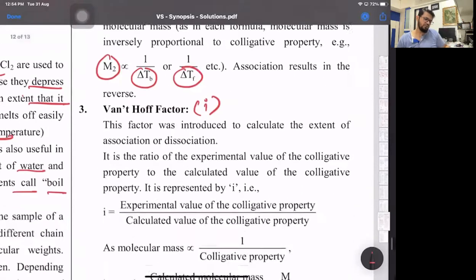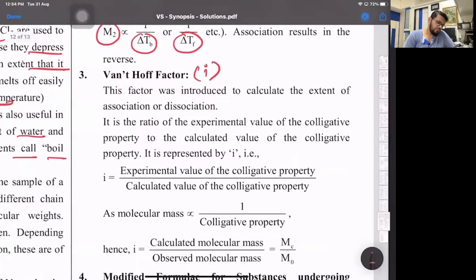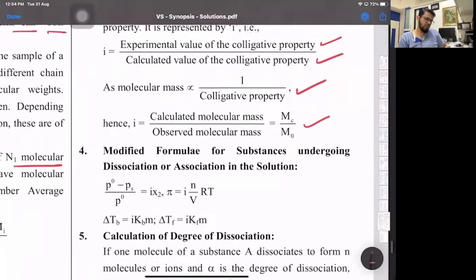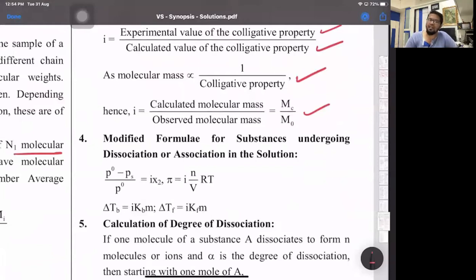So the factor i: experimental value upon calculated, inversely proportional to the colligative properties. So i is calculated upon observed. Look at the formulas now. Everywhere the Van 't Hoff factor i will come. For electrolytes which undergo dissociation, the i factor will be more than 1 because observed particles are more than the theoretical particles.